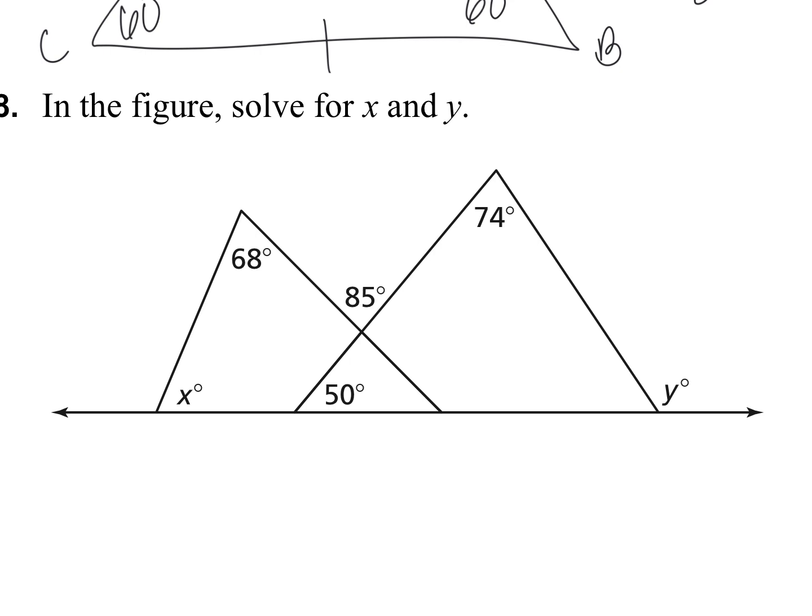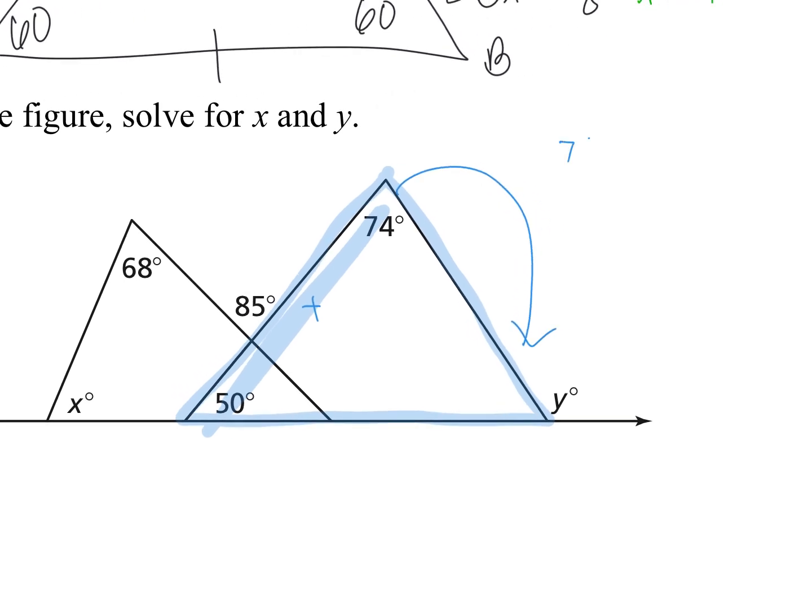Good. If I'm looking at this, I have one triangle right here, and I have two angles right here added together to equal my outside angle. So all you had to do was 74 plus 50, which is going to give me 124.